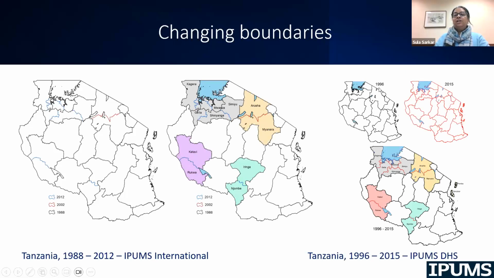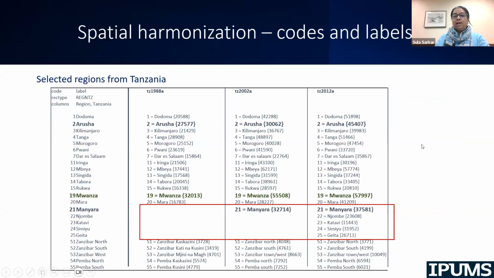This is from DHS, from the 1996 survey to the 2015 survey. Here are the 2 maps, and then here are the changes that we are looking at. What would that look like in a table if you line up all the names side by side? Here, Arusha is here.